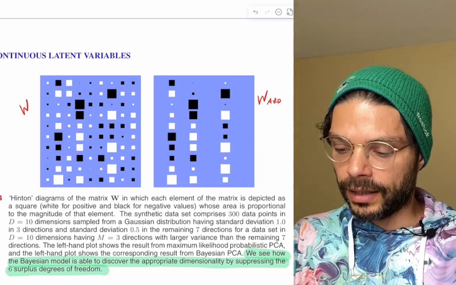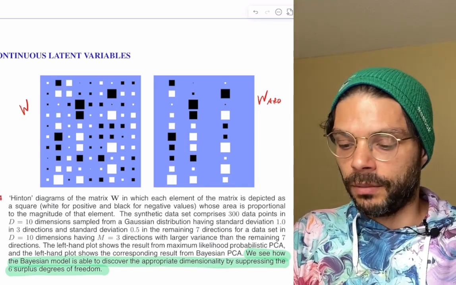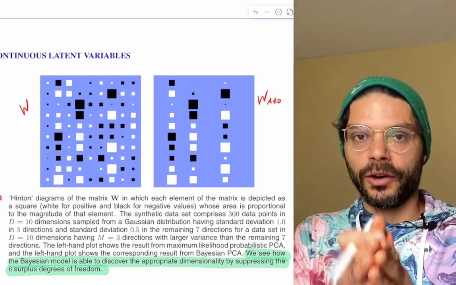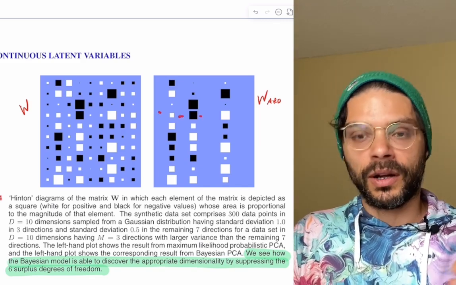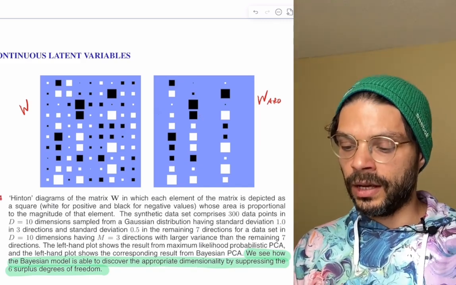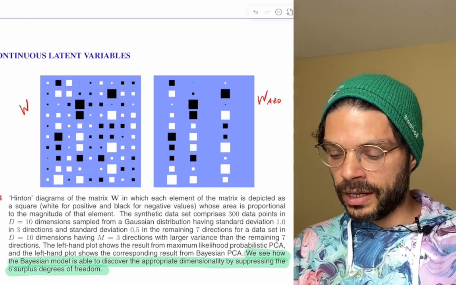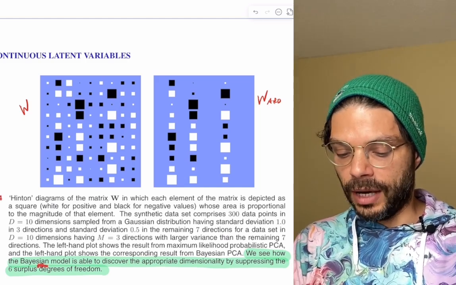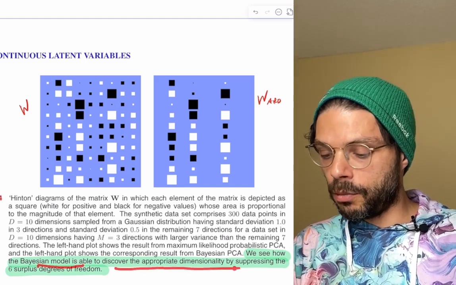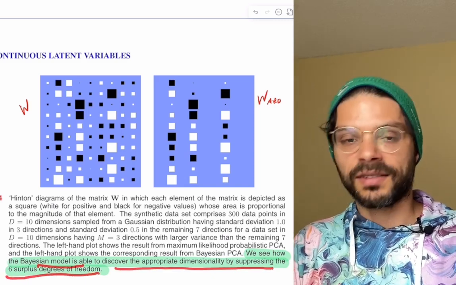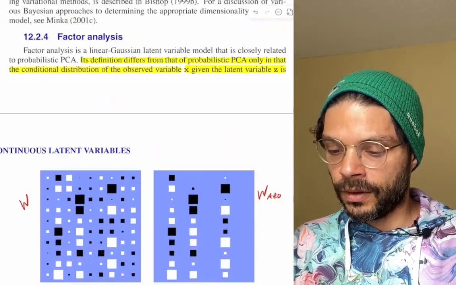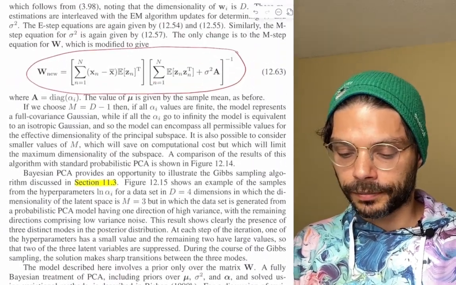So that's pretty cool, right? W is still 9-dimensional, with 9 columns, but actually only 3 of them are non-zero. So the actual dimensionality is 3. That's pretty awesome. It figured that out. You see how the Bayesian model is able to discover the appropriate dimensionality by suppressing the 6 surplus degrees of freedom. Okay, so that is pretty awesome.